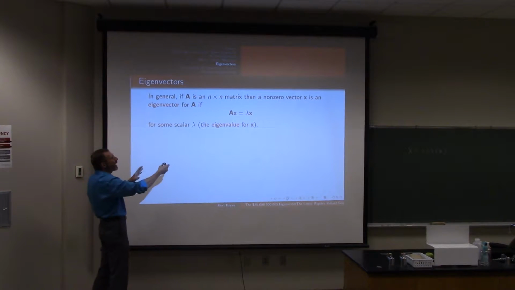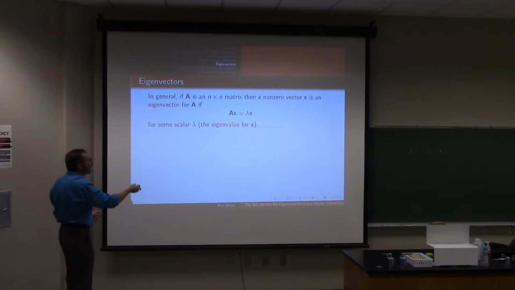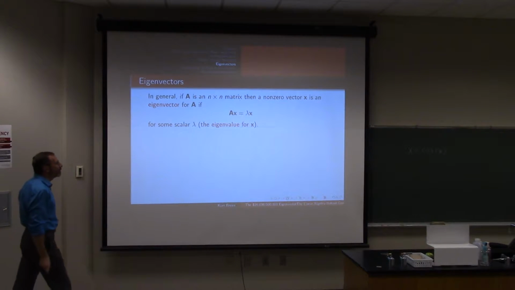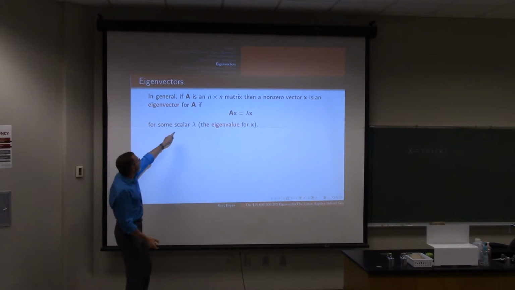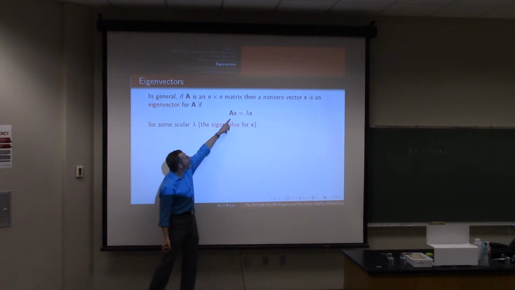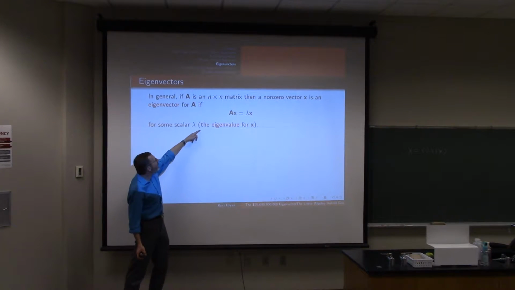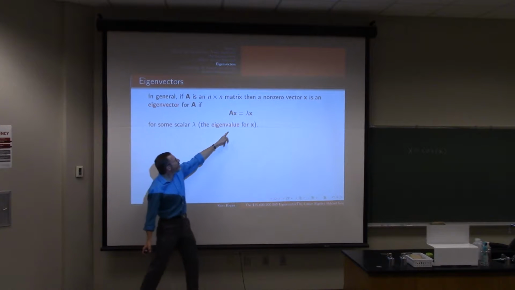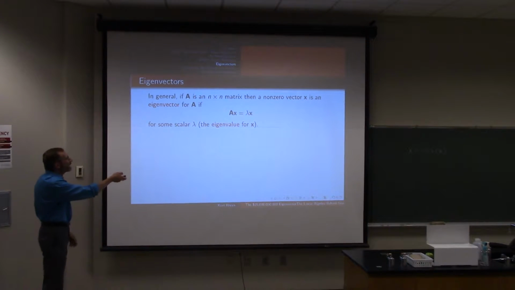So, for example, A times x equals 1 times x. That's the problem we've been considering for the PageRank algorithm. But A times x equals 2 times x, you could ask whether there's a non-trivial solution to that. If there is a non-zero solution for x for a given choice of lambda, we call lambda an eigenvalue for the matrix A.